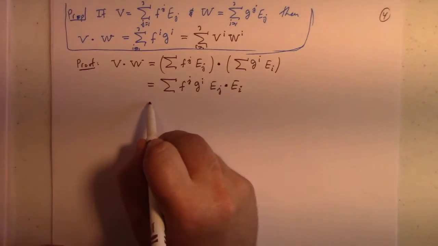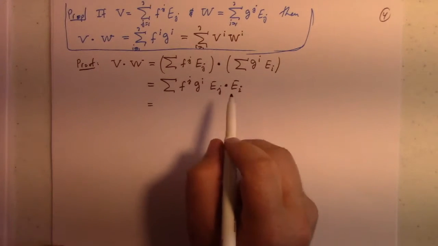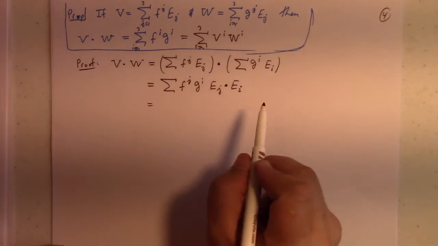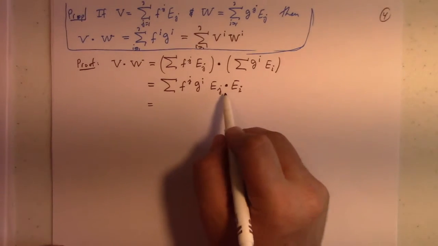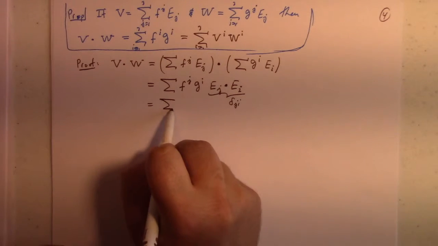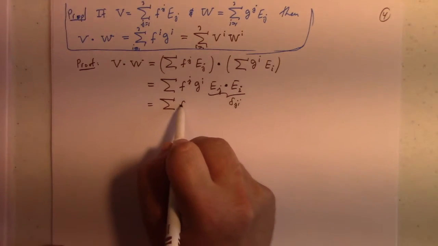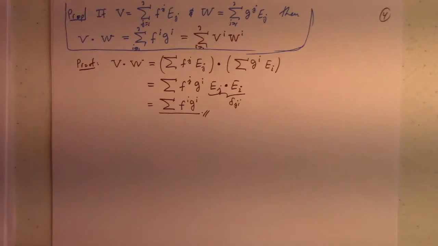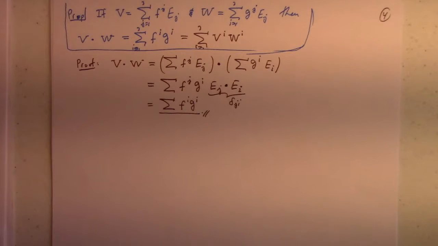All of those standard arguments from Calculus 3 lift to the tangent space at P through that isomorphism that I mentioned in the previous page. This is a Kronecker delta, ji, and what are we left with? f i g i, which is exactly what we claimed. So, great. Orthonormal frames make formulas look like standard formulas.